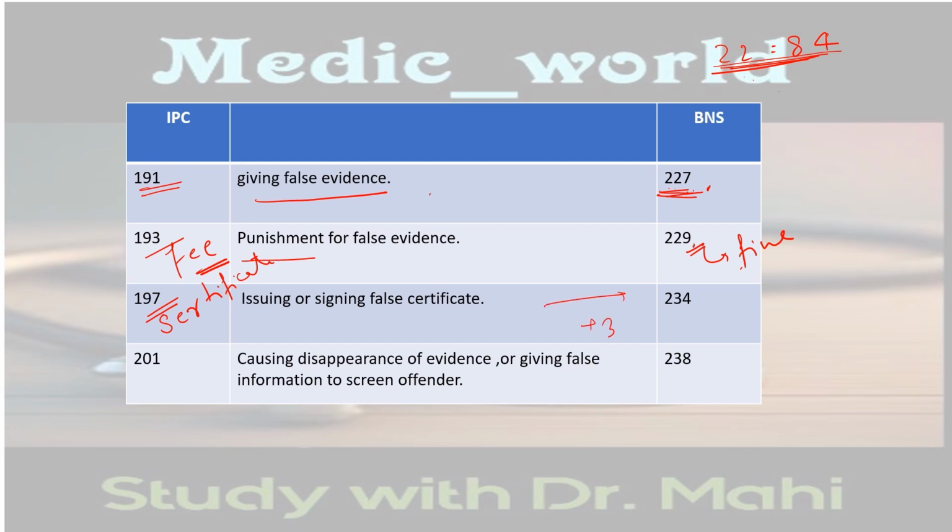Plus 37. Here also 201 was causing disappearance of evidence, 2 is the notorious person and he is hiding the evidence. Okay, so 201 plus 37 gives 238 in BNS. 197 plus 37 gives 234.